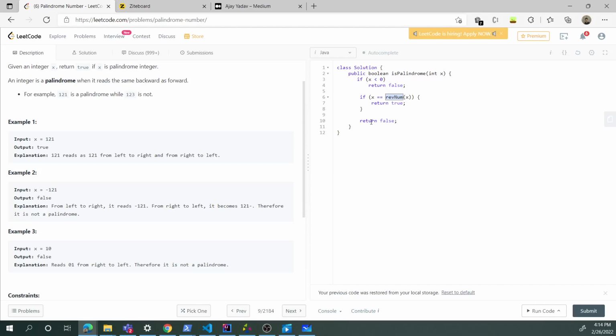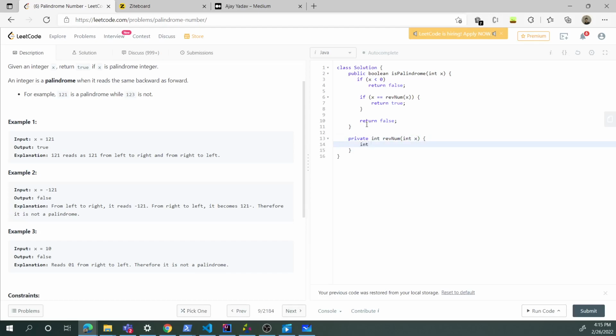So we have to write this function, reverse number, and I'm writing it as private. Its return type is int, and it takes input x as a number.